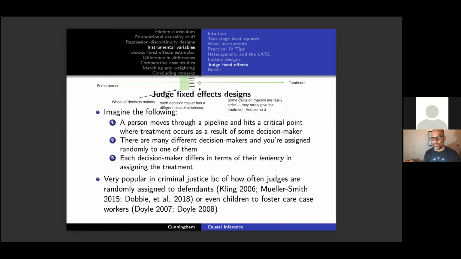And some decision makers are very lenient. They usually give the treatment. Okay? They usually give the treatment. You're going to use this wheel as an instrument for the treatment, so long as the wheel is randomizing the decision makers.